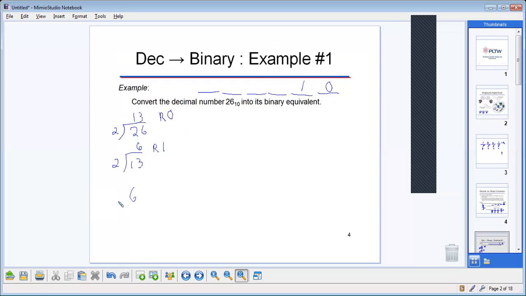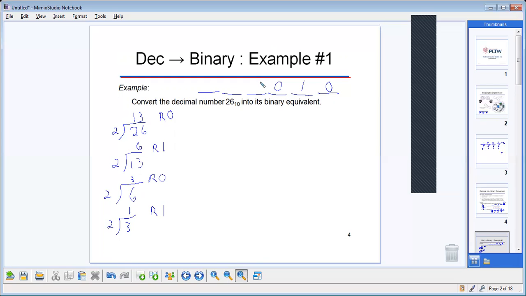And I have 6 divided by 2, 3, remainder 0. I'll put a 0. And then I have 3 divided by 2. 2 goes into 3 1 time with a remainder of 1.